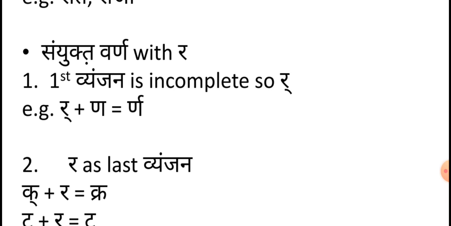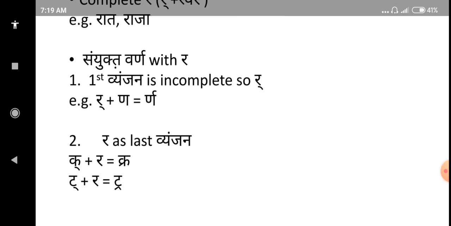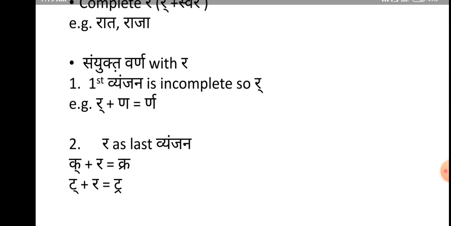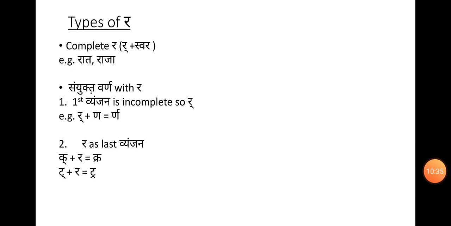Here R is half, incomplete, but we don't see any R there. We write it by adding a C on the top of that Vyanjan, like rna. Okay, so this is what we have for types of R.